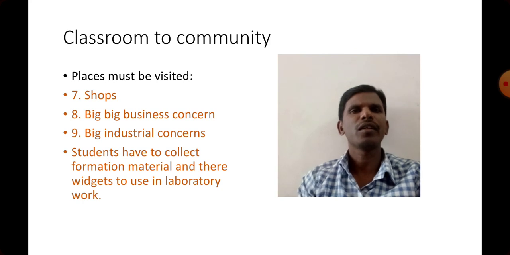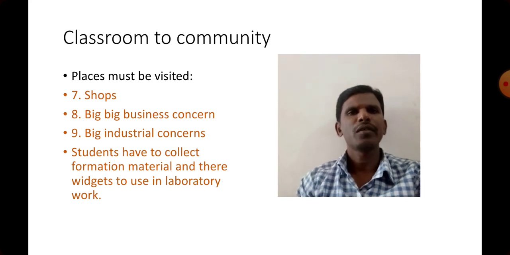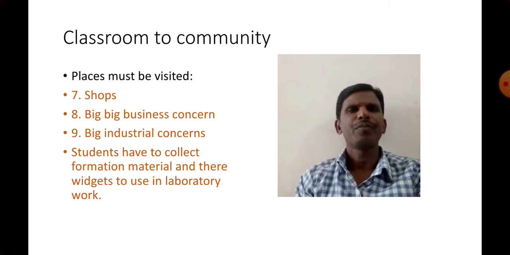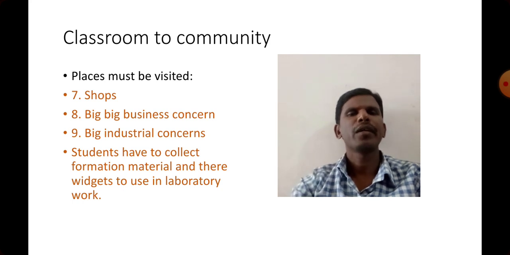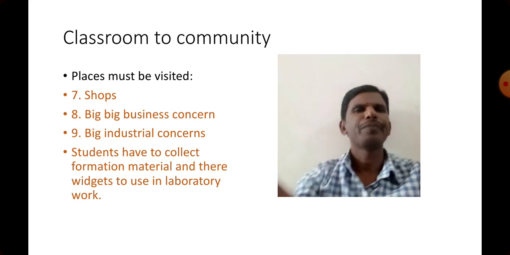There are also other big business concerns where we can learn a lot. These are some places that must be visited by every mathematics student to learn things and gain knowledge practically.